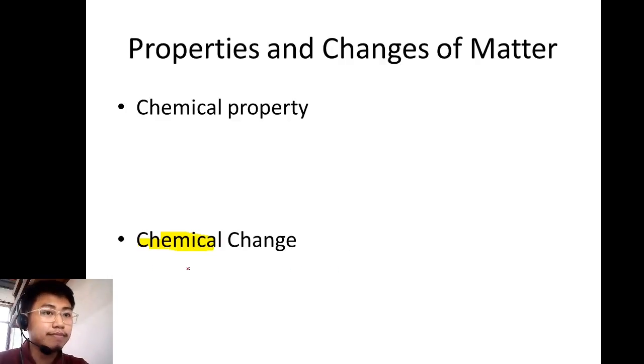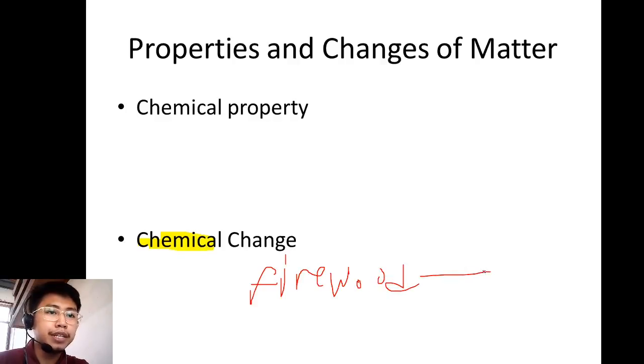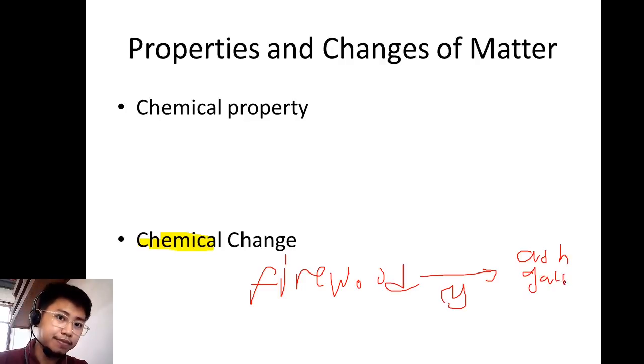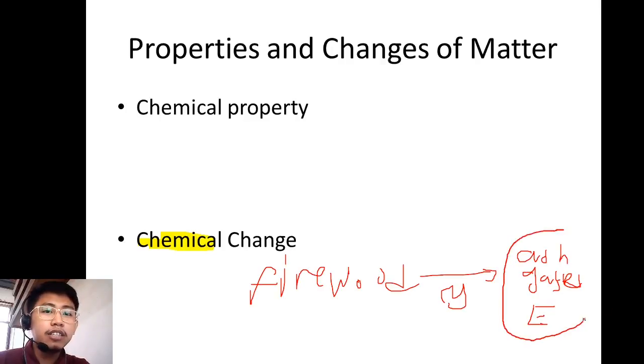So for example, we have firewood. When the firewood is burned, so we add heat or we add fire, it creates ash, right? And also some gases, and we produce energy. These are the products when we burn firewood.